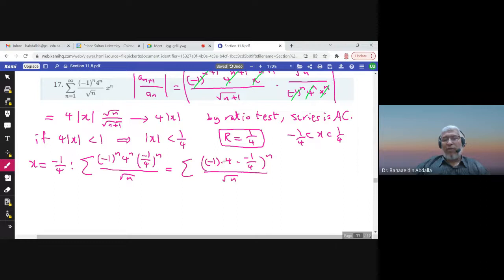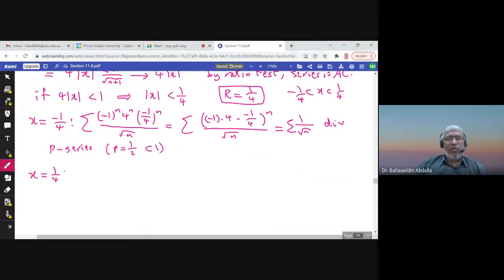Negative times negative is positive, 4 over 4 is 1, so it is in fact 1 to the power n, which is 1. And this series is divergent, p-series, because p is half and half is less than 1.